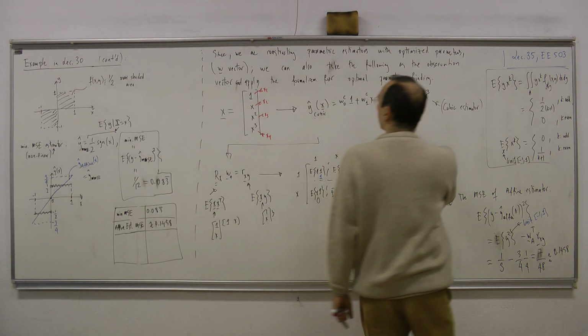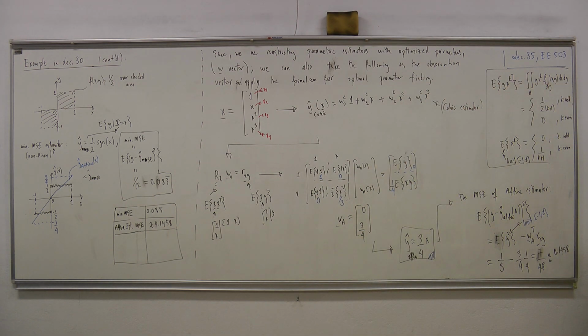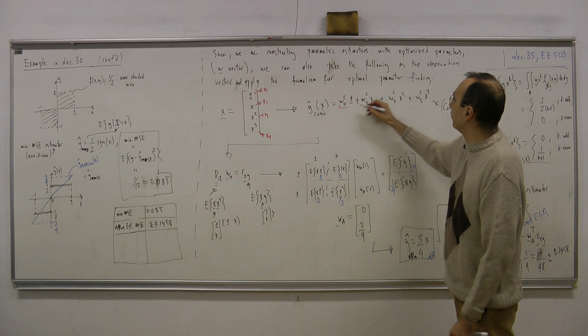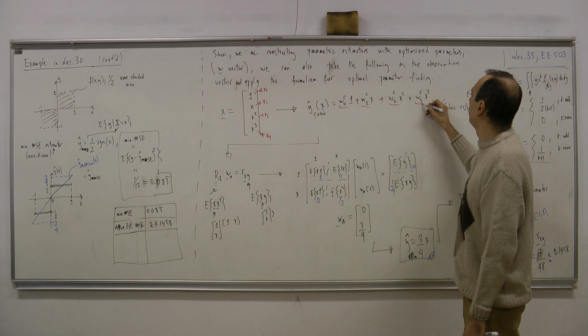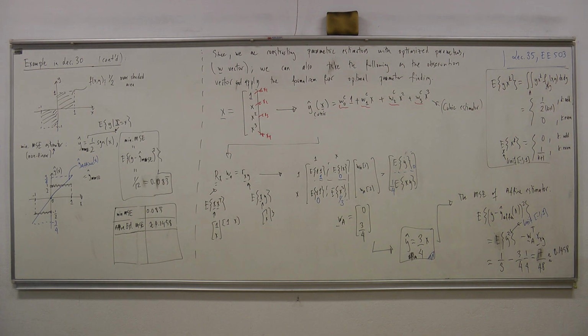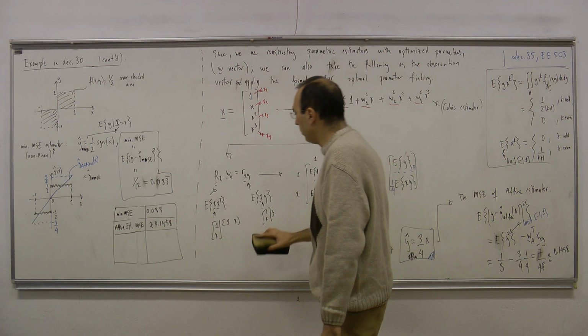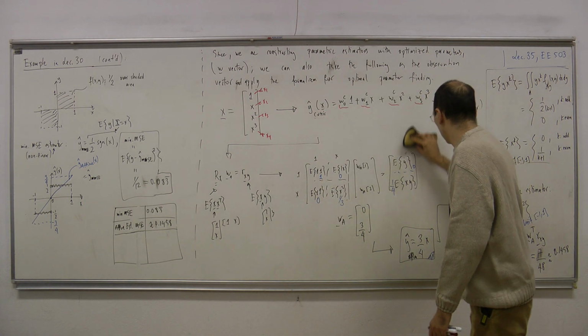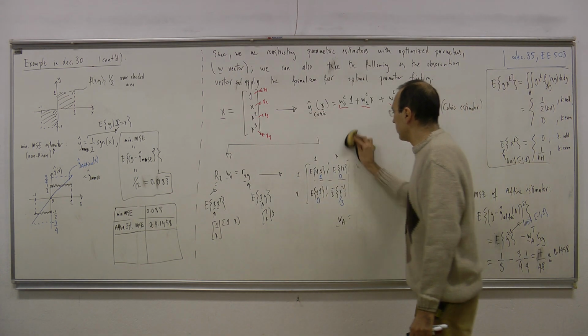So can I still work my way through this problem? In other words, can I find these optimal coefficients such that MSE is minimized? Actually, it is the same. The only difference is I can even keep this equation, so I'm erasing this part.